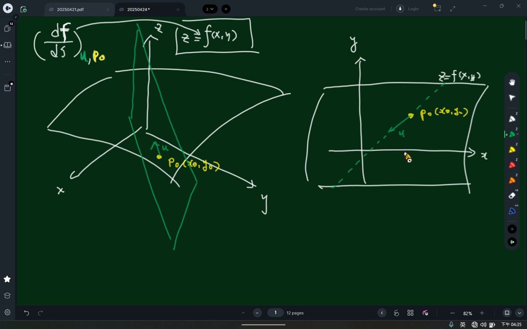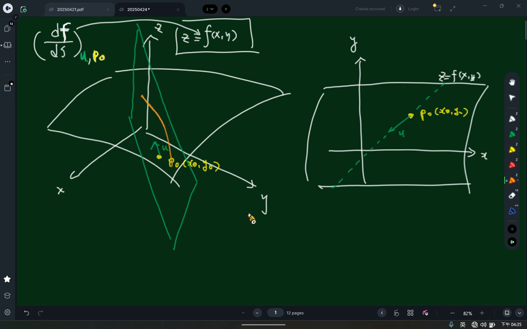Just like on the left hand side, maybe I use a different color, something like this. Through this cutting plane, you can have an intersection like this curve in orange, right?